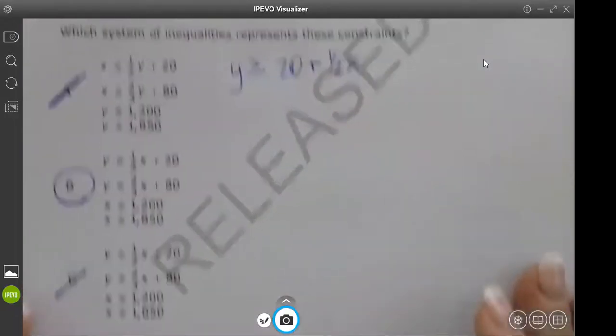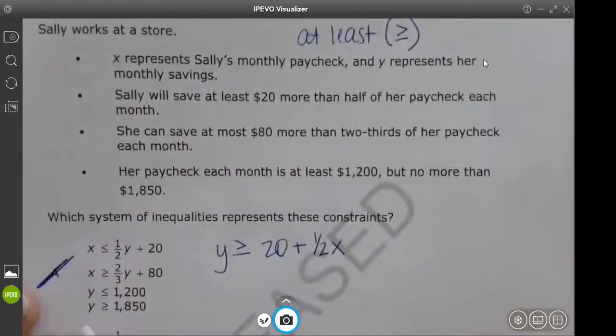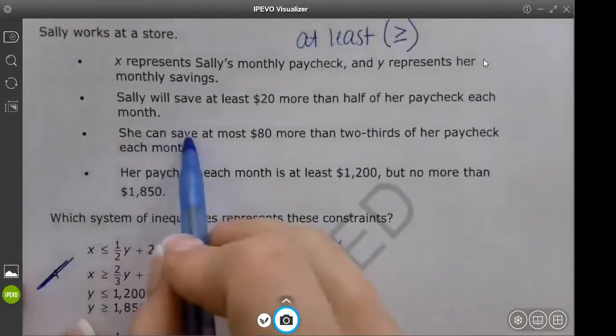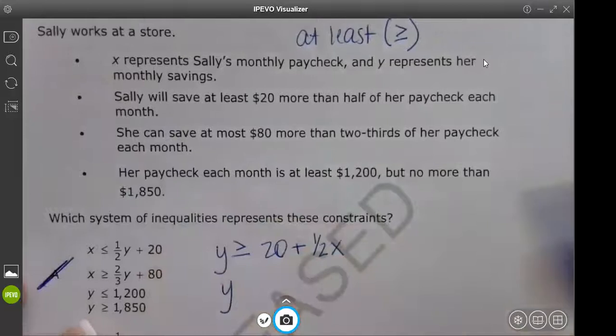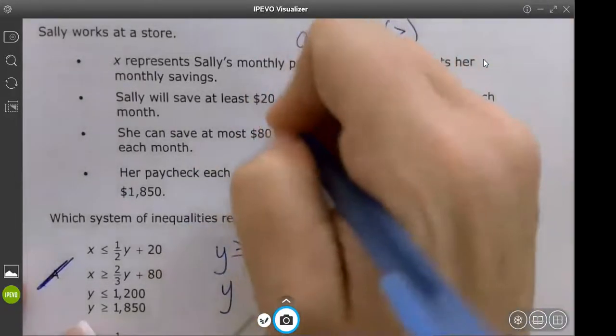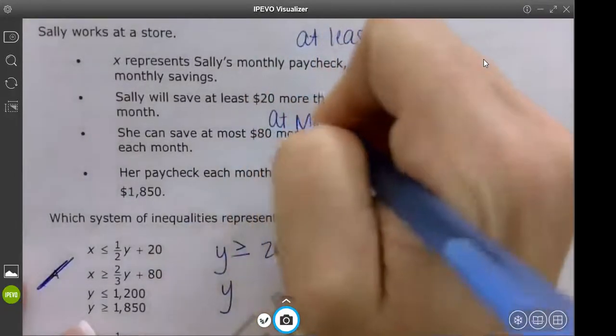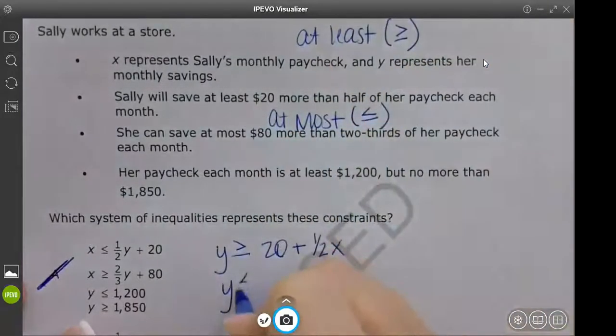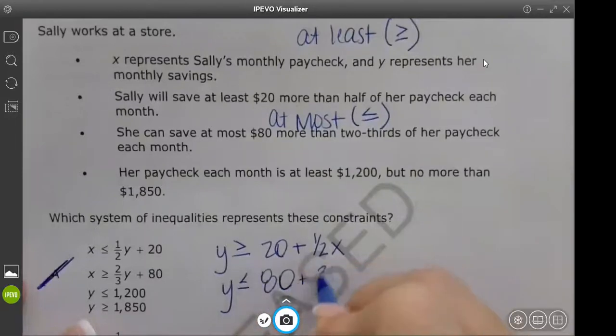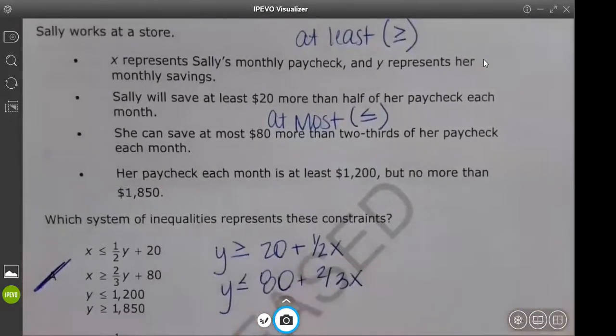Let me show you the rest of them just so we can go over some words. She can save. Savings are Y. At most, that means no more than, so less than or equal to. 80 more than 2/3 her paycheck was X. That's where the second equation comes from.